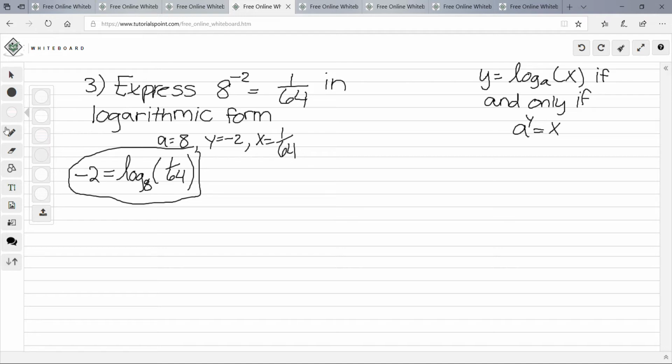Let me do the next one. I'm going to try to erase it because I still need this rule for the next problem.